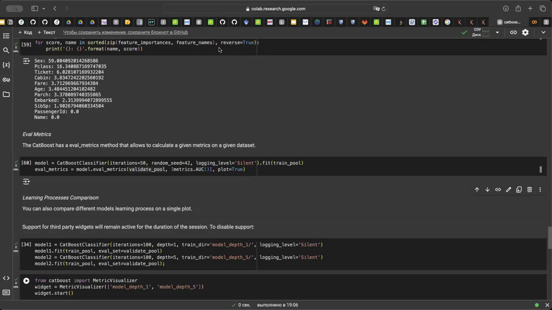So let's just pretend that we have a threshold, which is 0.5, and everything which is lower than 0.5 we consider being class 0, and everything that is greater you can consider being class 1.